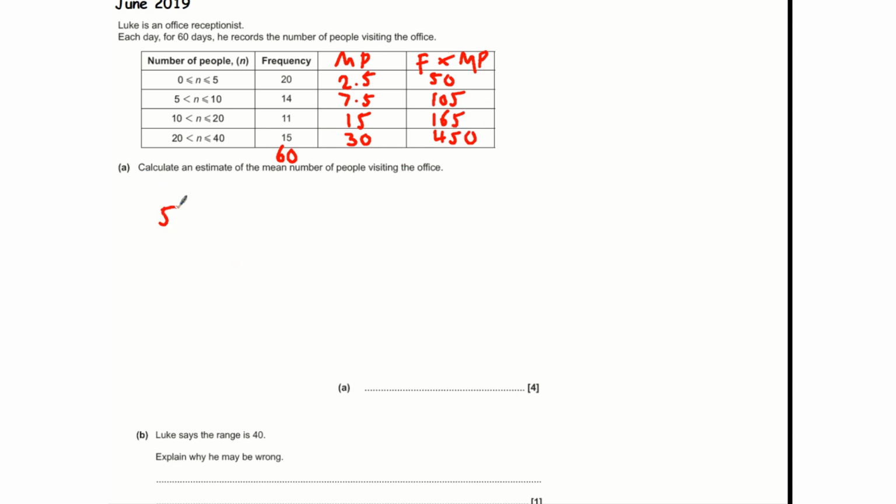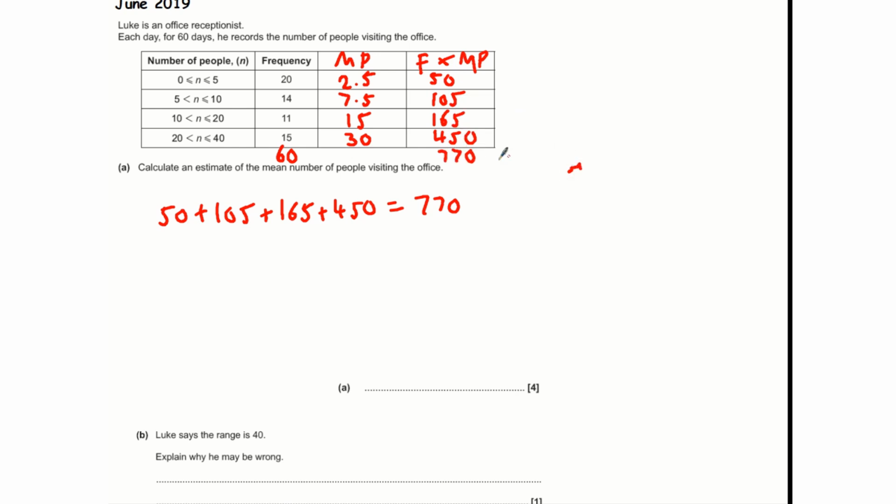So I do 50, add 105, add 165, add 450, and that equals 770. So the total of this column is 770.